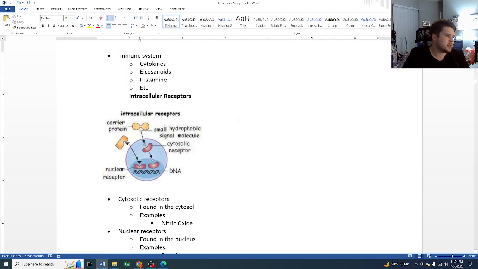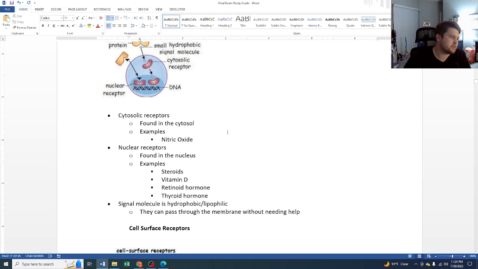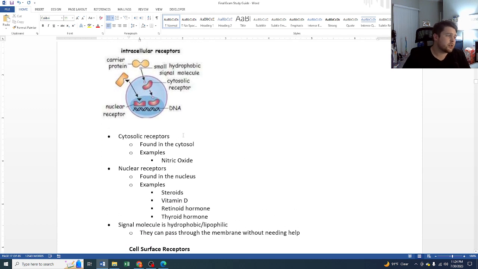Our intracellular receptors. So this is something we need to remember. There are different types of receptors, or different locations for these receptors. We have cytosolic receptors, we have nuclear receptors, and we also have cell surface receptors, okay? So there are receptors found within the cytosol, and there are nuclear receptors. Remember this list here, the steroids, the vitamin D, the retinoid hormone, and thyroid hormone, specifically steroids and the thyroid hormone, are the big ones that you'll be asked about.